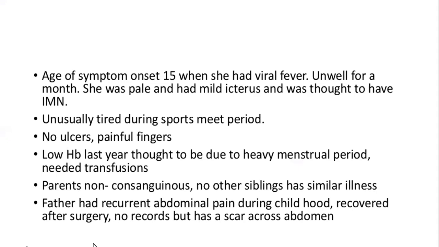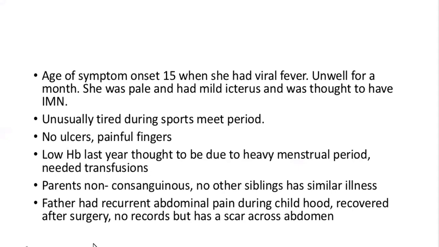Hereditary spherocytosis. Yeah. Why? What makes you say so? This scar after recurrent abdominal pain would have been a cholecystectomy scar, but across the abdomen. So probably another procedure was done at the same time, such as a splenectomy.